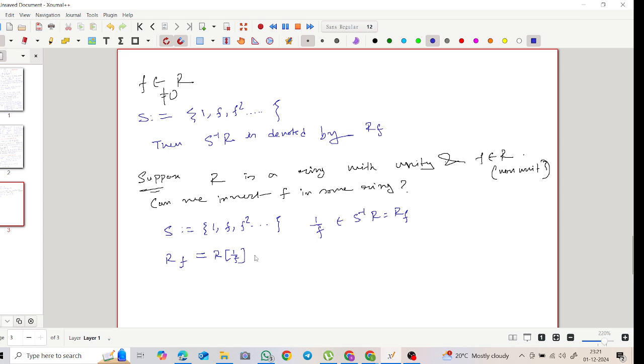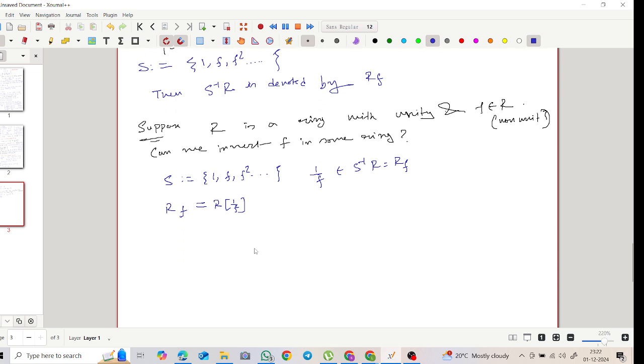Understand what is this? Do you understand what is this? Do you know the notation, I mean the meaning of this notation? R[x].